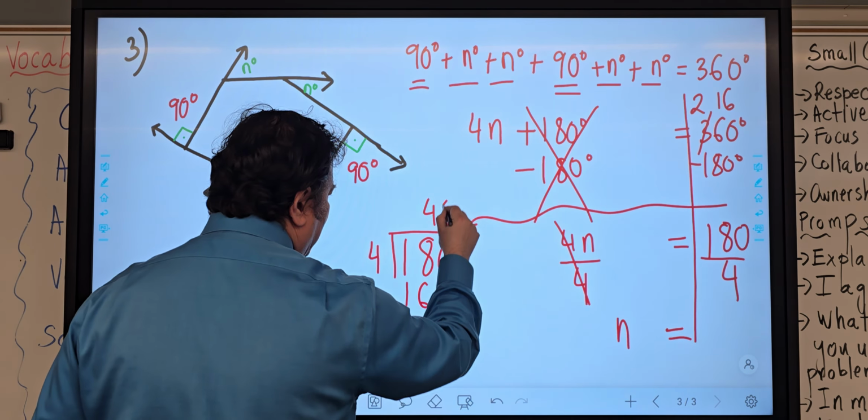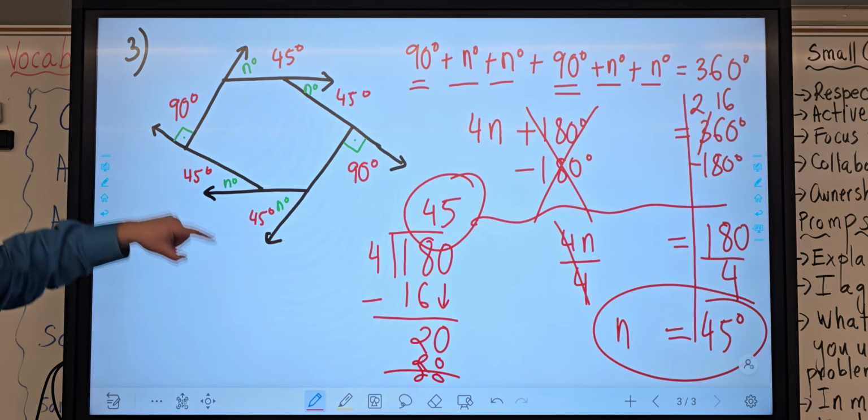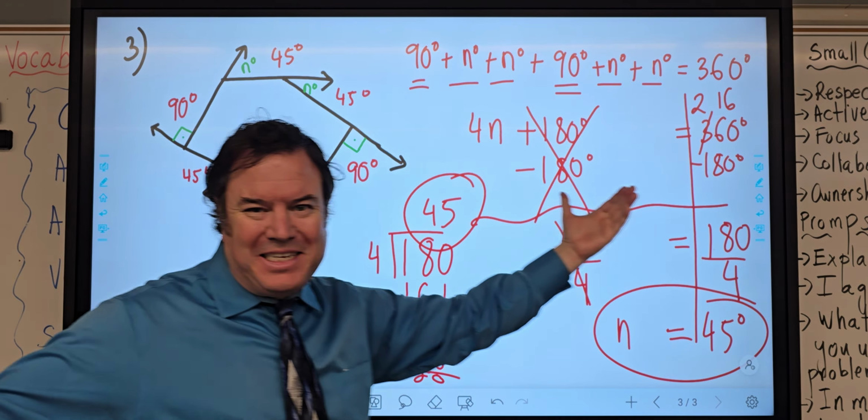That's it, 45. N equals 45 degrees. So each of these n, this is 45 degrees, this is 45 degrees, this is 45 degrees, and this is 45 degrees. And again, if we add 90 plus 45 plus 45, 180, and 180 plus another 180, 360.